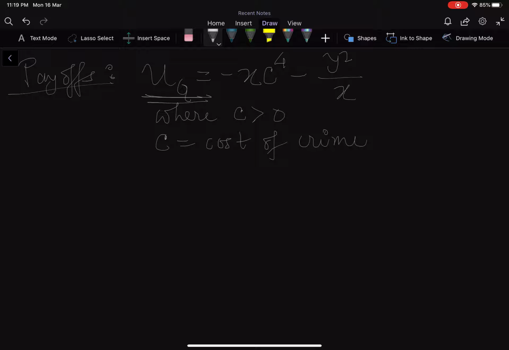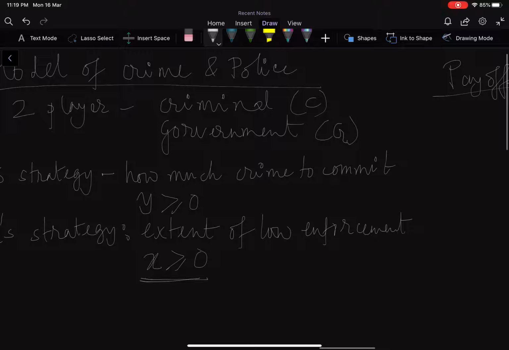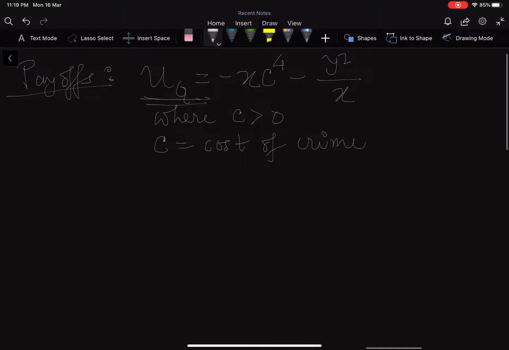Now, you see the payoff of the government not only depends on x, which is the strategy of the government, it also depends on y. So the higher the value of y, which means the higher the amount of crime committed by the criminal, the lower the payoff of the government.